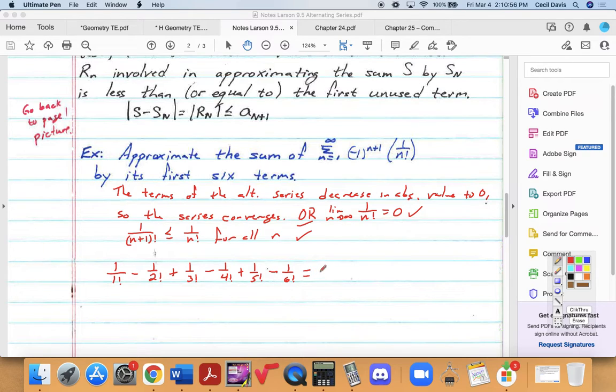This is equal to 0.63194 repeating, apparently. A follow-up question to this is, what is the maximum error in this approximation?